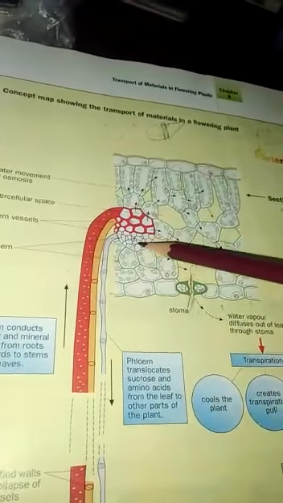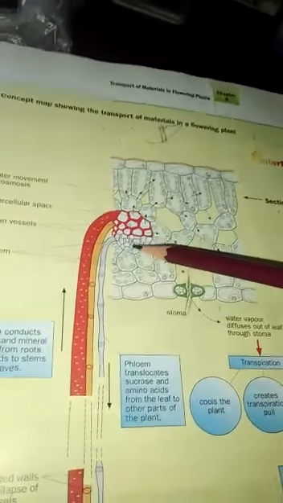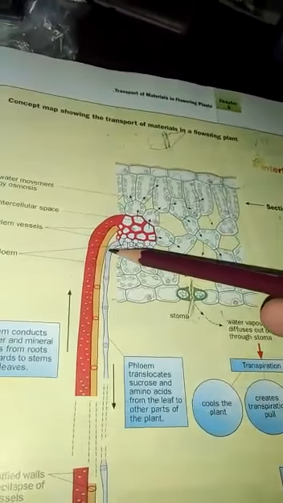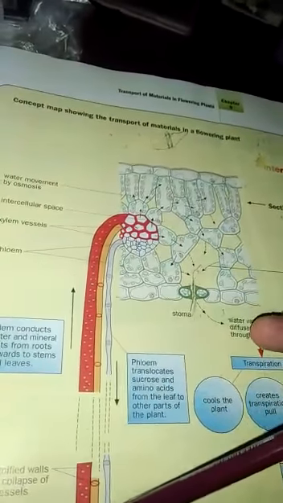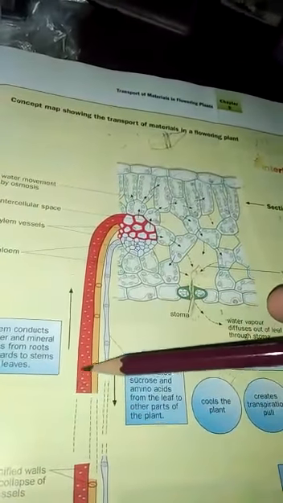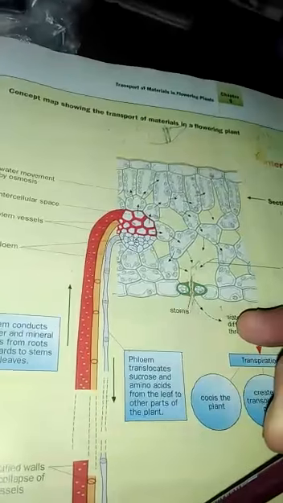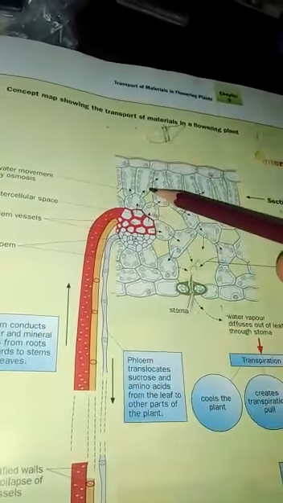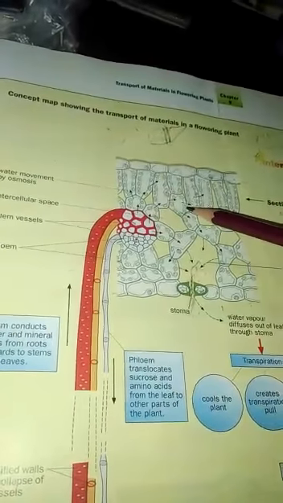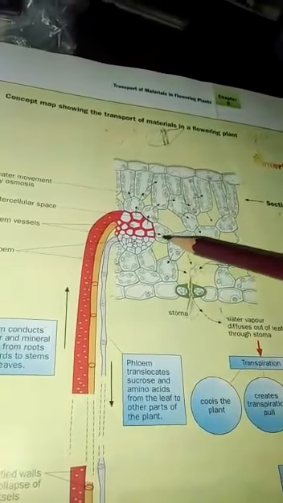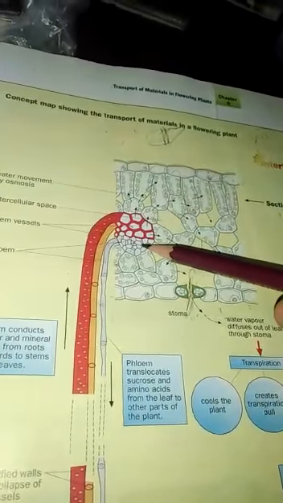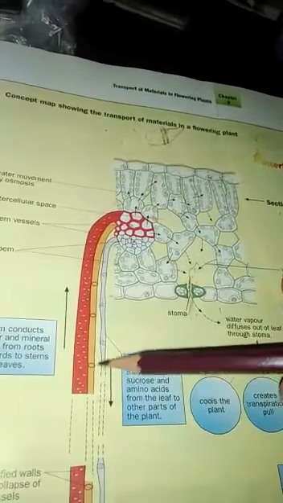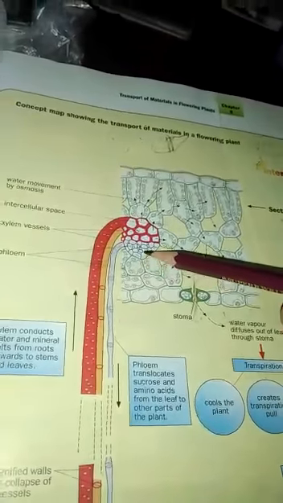The food prepared in the leaf is transported with the help of these phloem cells, right? Xylem cells transport water and mineral salts from roots to leaves. Photosynthesis takes place in the leaves, and the prepared food is transported from the leaves to all parts of the plant with the help of phloem cells, right?